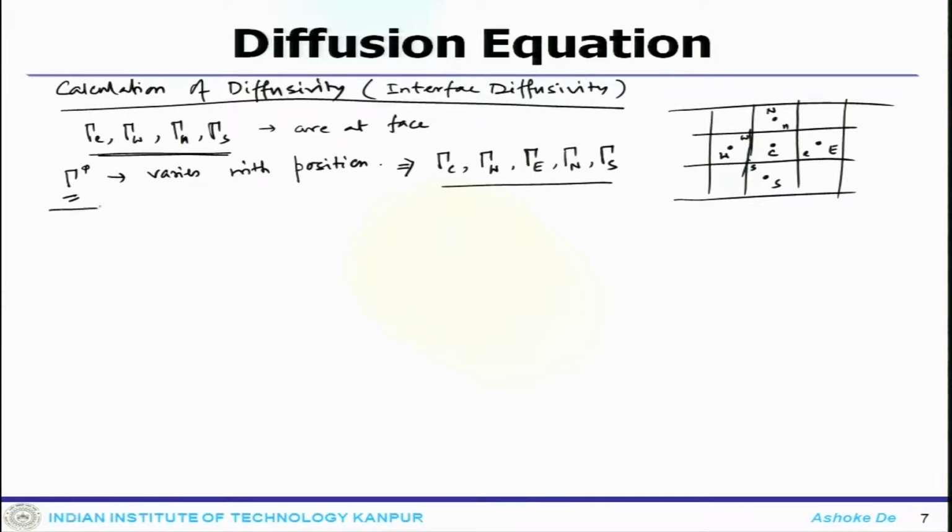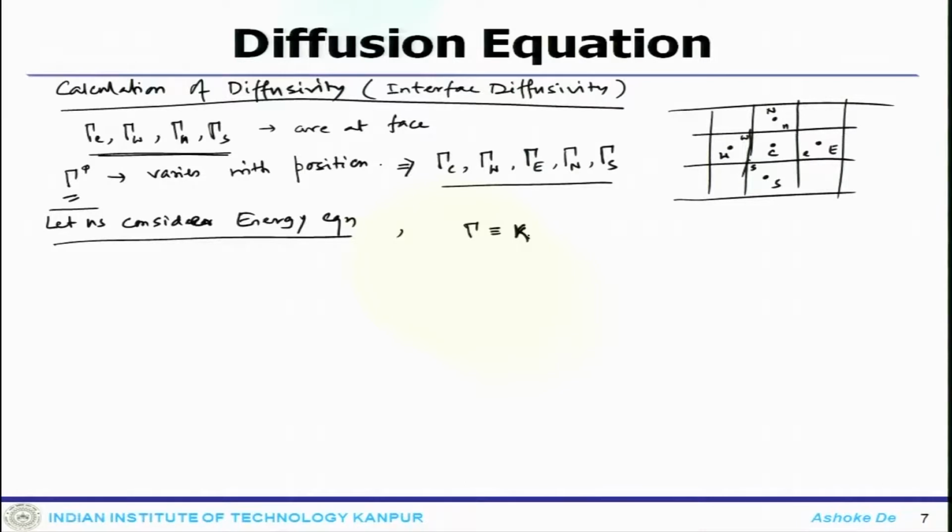Let us consider the energy equation. In this case, the diffusion coefficient represents the thermal conductivity. So, the gamma is essentially the thermal conductivity, or kappa, of the material.